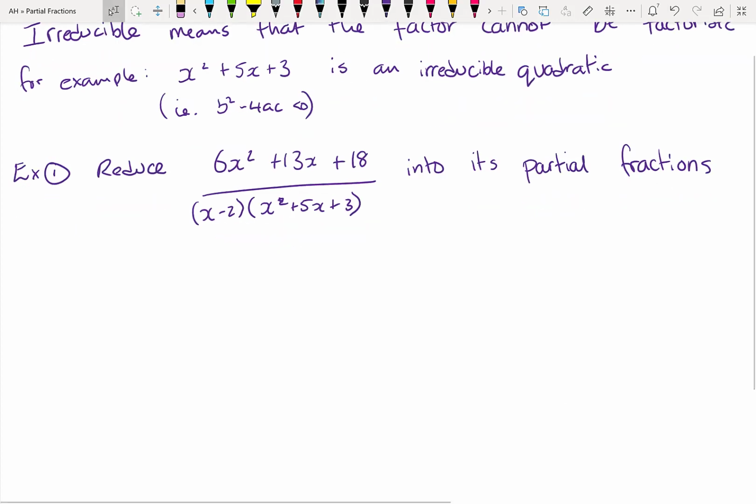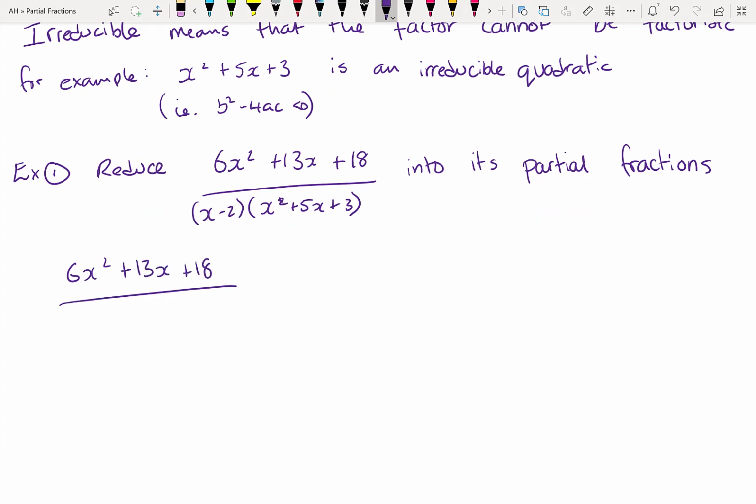So, as we always do, writing it out, 6x squared plus 13x plus 18 all over x minus 2 lots of x squared plus 5x plus 3. So we've got something over x minus 2. Okay, our trusty fraction there always works.